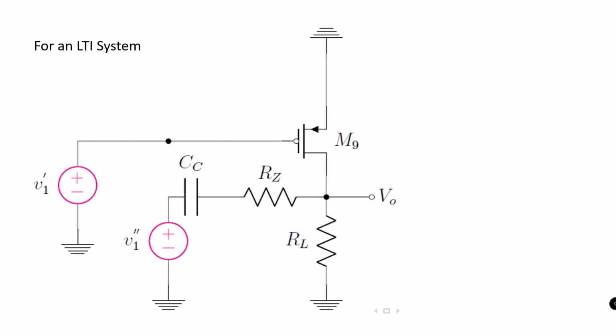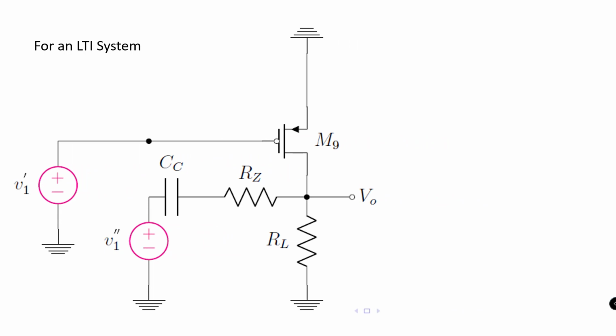We know that for an LTI system, we can apply the superposition principle. With that said, let's analyze the output response by splitting this V1 node potential into two potentials, V1 prime and V1 double prime.